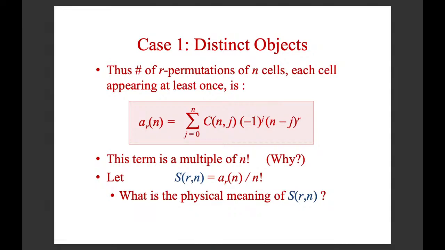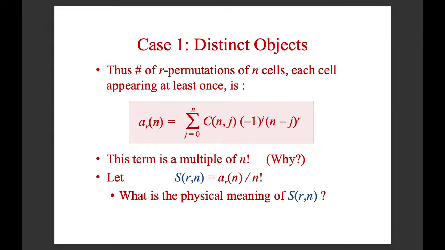And this term, we can see that it is a multiple of n factorial. We can show this by a symmetric argument. So by relabeling the cells in different ways, there are n factorial ways of relabeling the cells. So each case that happens in a particular label will also happen in another label.